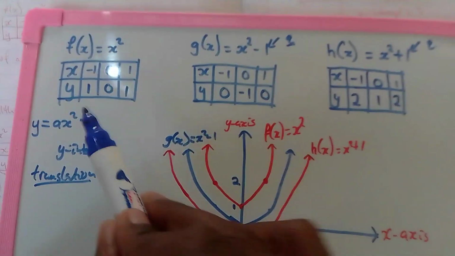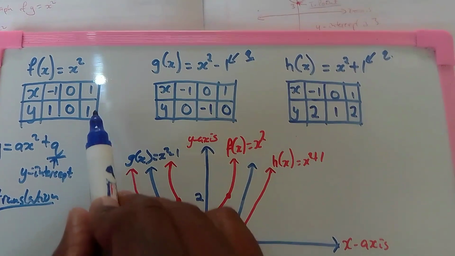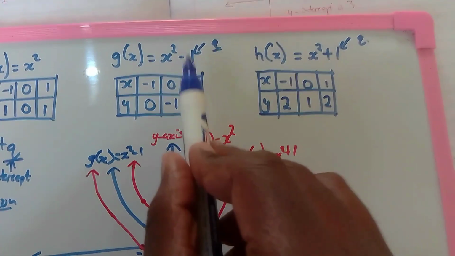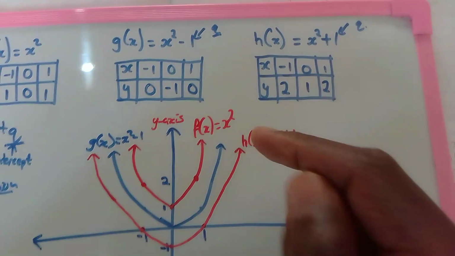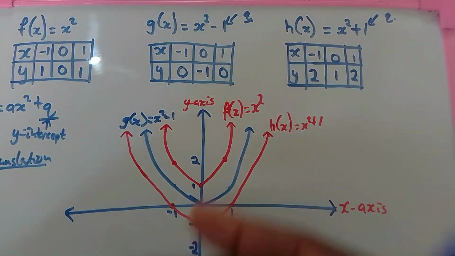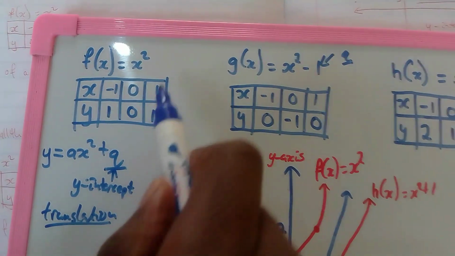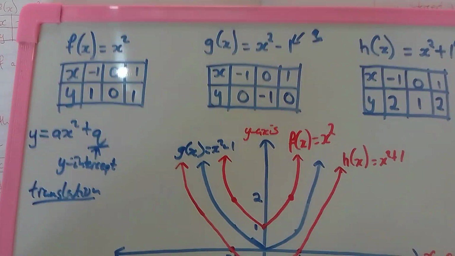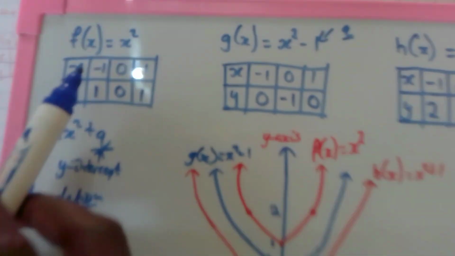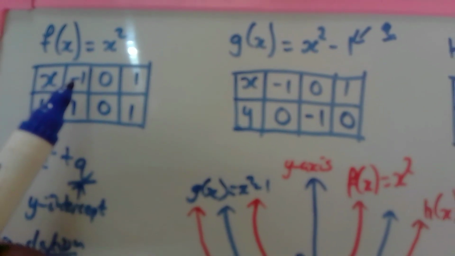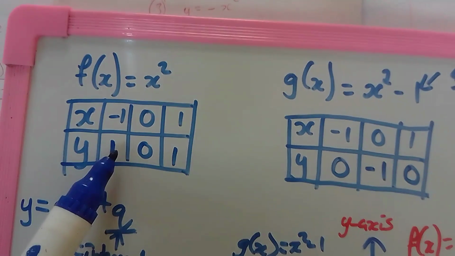So now we're going to be comparing these 3 graphs. The parent graph, where there is a -1 as our q, and where there is a positive 1. We'll see how it translates, how it is affecting the parent graph, the mother graph, the original graph. When x is -1, our y was 1.